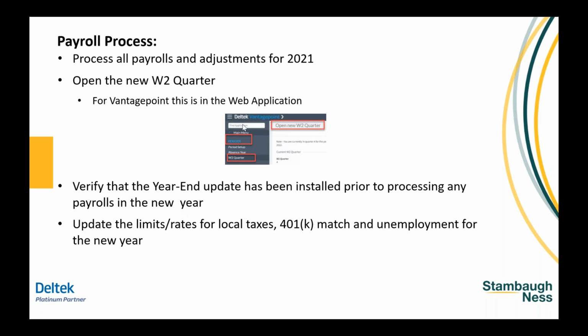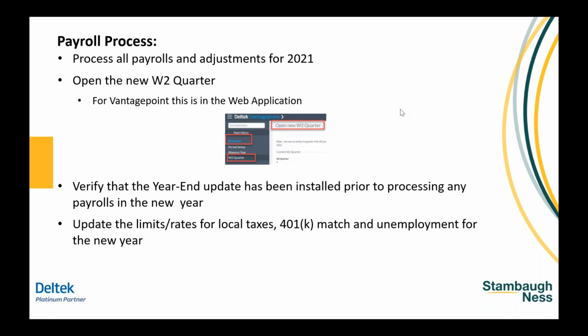When you update with the current tables, the system knows, based on what W-2 quarter you're in, which table to access. So you do not have to wait to install your updates. And in Vision, it hasn't changed.